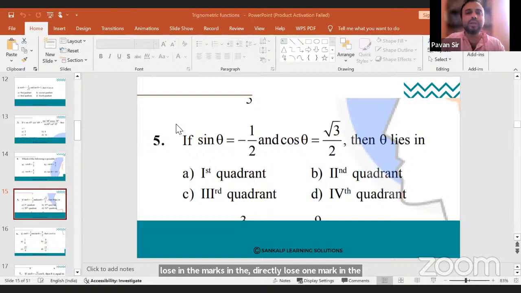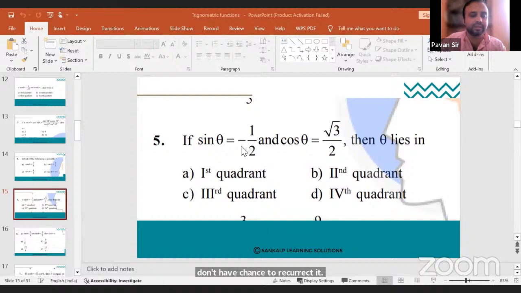And I hope you know that in the CET, losing 1 mark is just losing 100 ranks. And once you tick the answer in the CET, you don't have a chance to recorrect it. You don't have any option.